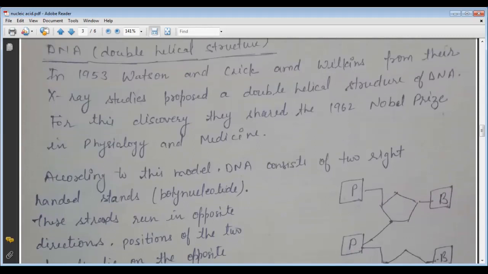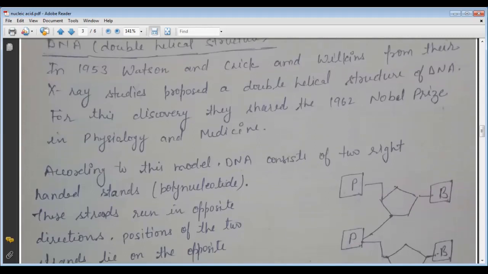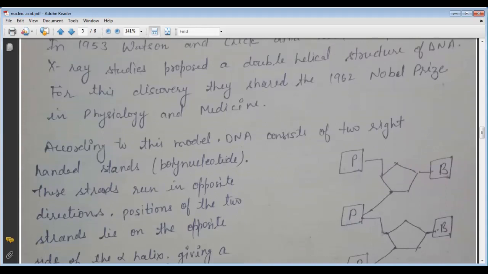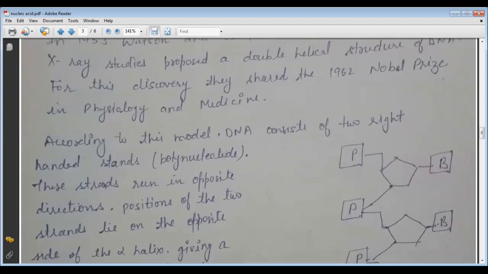For this discovery, they shared the Nobel Prize in 1962 in physiology and medicine.